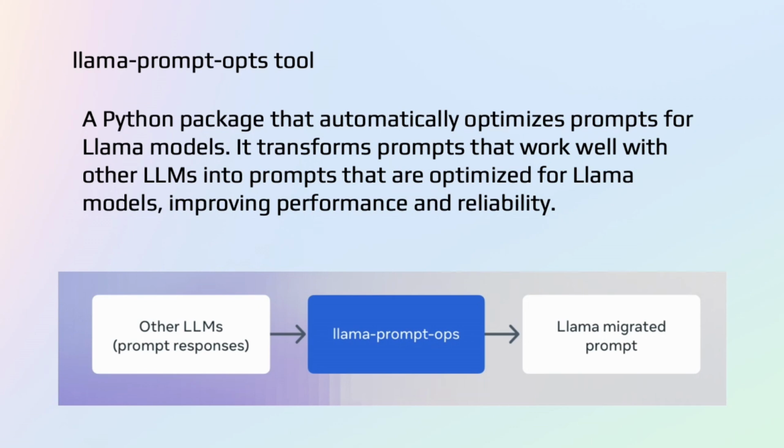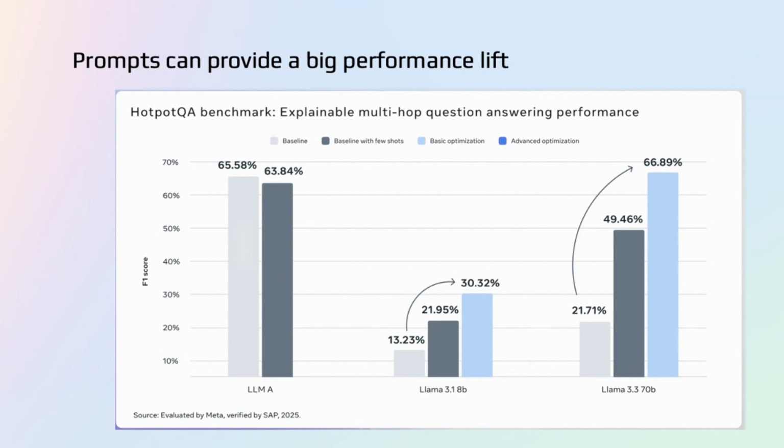We have seen particularly strong performances when prompts are optimized for smaller Llama models, such as Llama 8B. You can see the effect of the tool using this HotpotQA benchmark and how well it works on Llama 8B and 70B models.